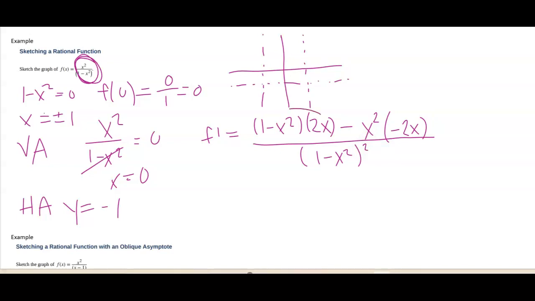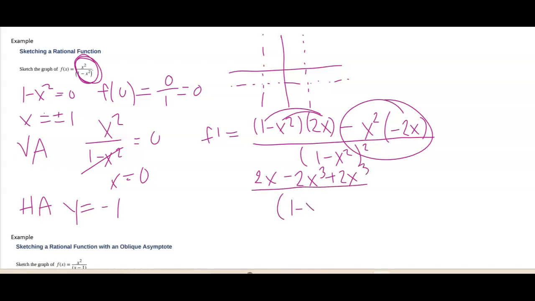All right, if I take this and distribute out in the numerator, I get 2x minus 2x cubed. And then over here, I end up getting plus 2x cubed. So these are like terms, they end up canceling, and I get 2x over 1 minus x squared.